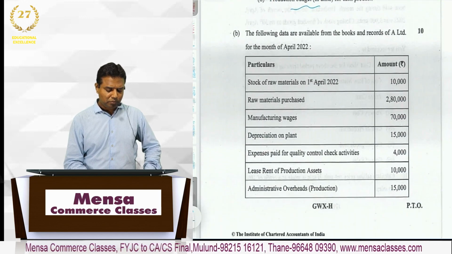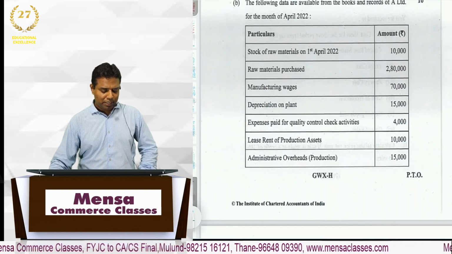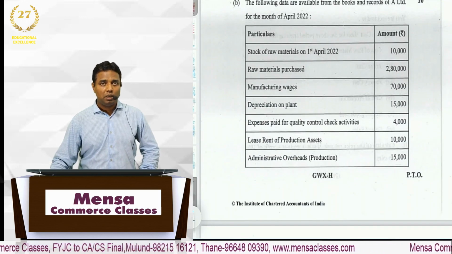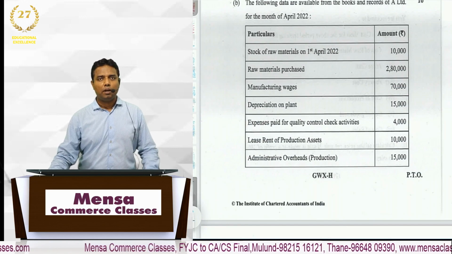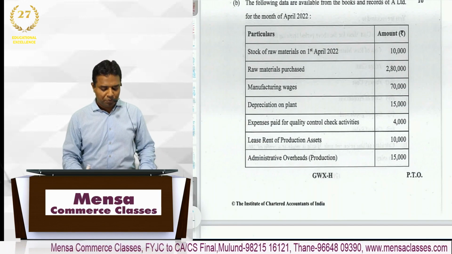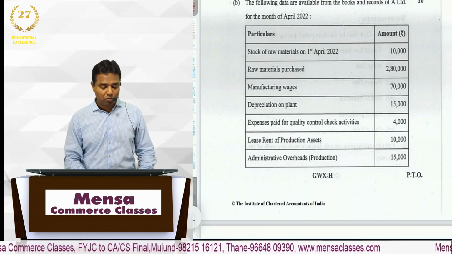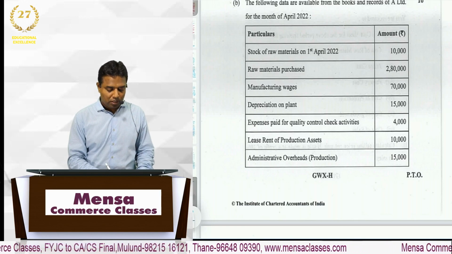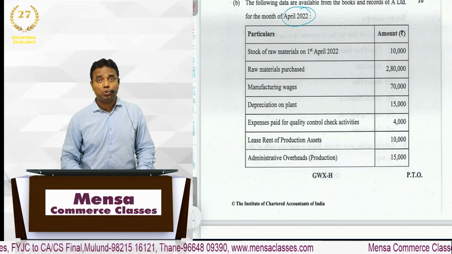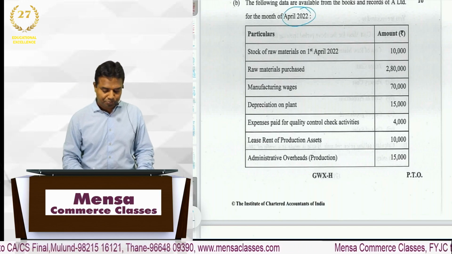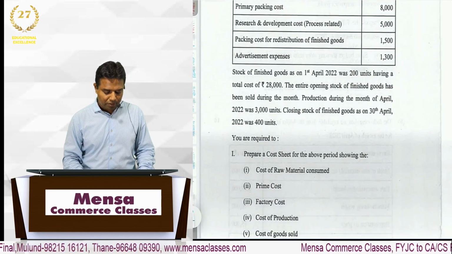Then let's move on to the next one, that is question number 3B. Yeah, question number 3B. The following data are available from the books and records of A Limited for the month of April 2022. So 1 month data given to us. What exactly are we supposed to do here?